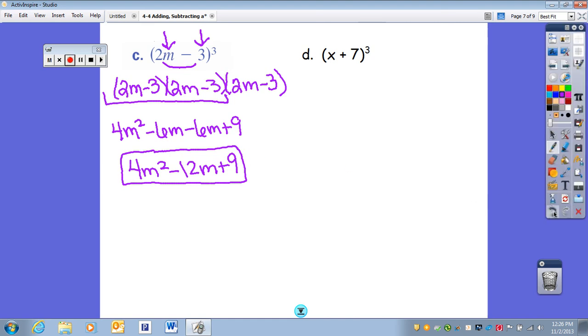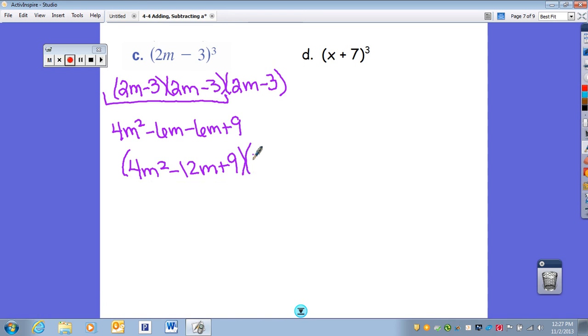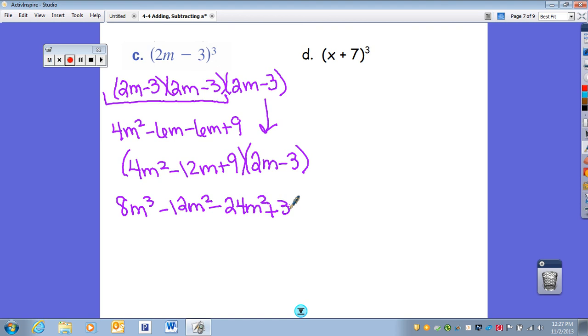So what we need to do next is to multiply that perfect square trinomial times 2m minus 3. So 4m squared times 2m will be 8m cubed, minus 12m squared, minus 24m squared, plus 36m, plus 18m, minus 27.